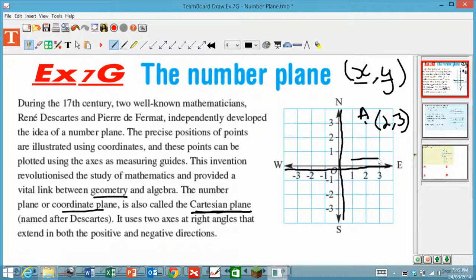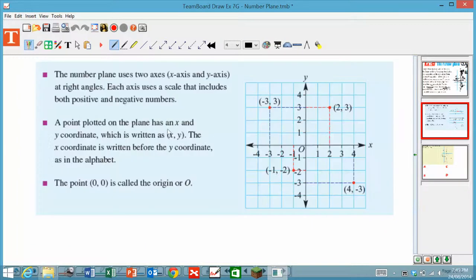My x-axis is usually this way, with the positive that way and the negative that way. With my y-axis, the positive is up and the negative is down.